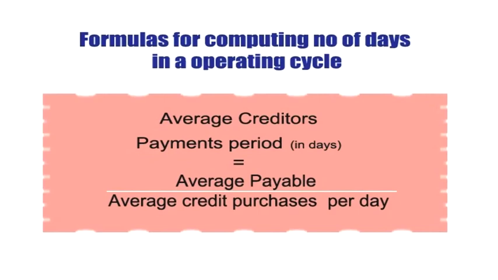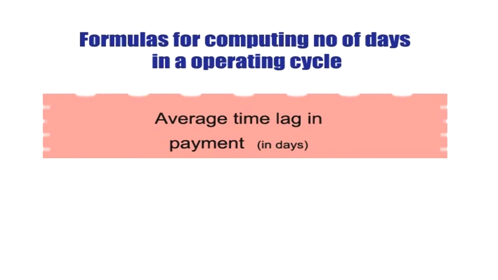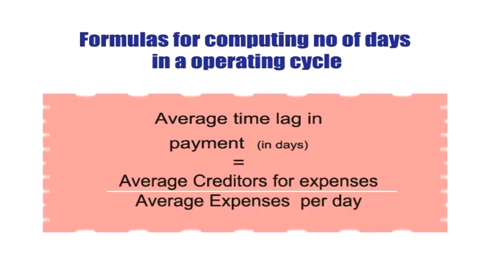So, we have computed R, W, F and D. Now, the last formula is for C. Average payables will be divided by average credit purchases per day, and lastly, the time lag for expenses will be computed using the formula average creditors upon average expenses per day.